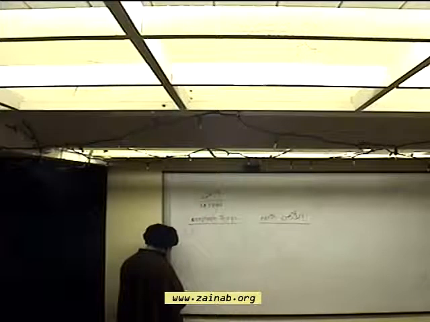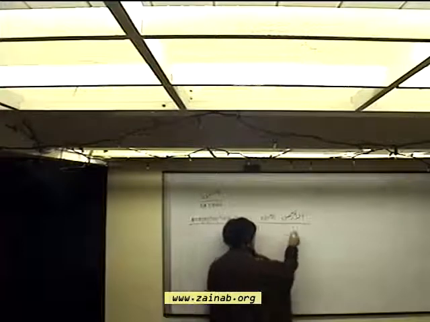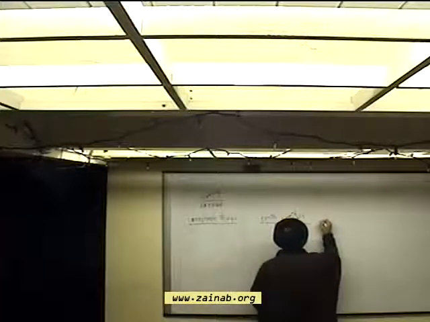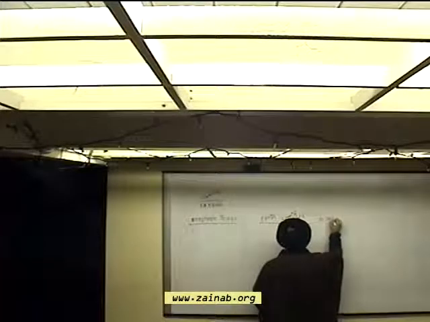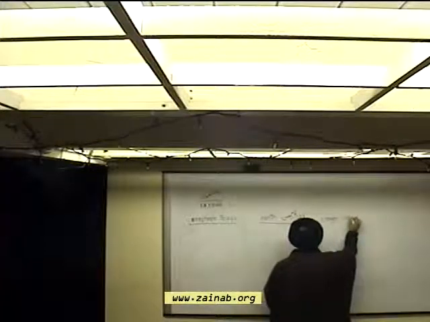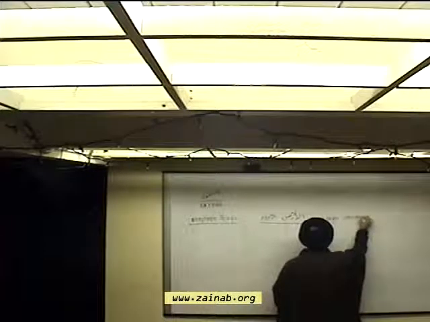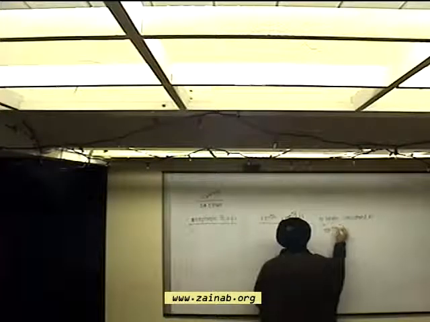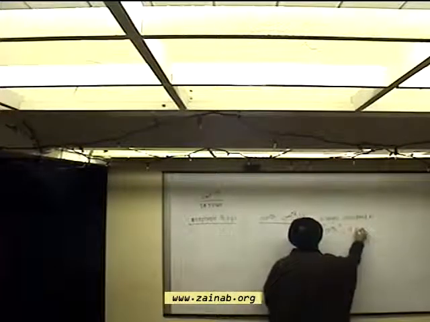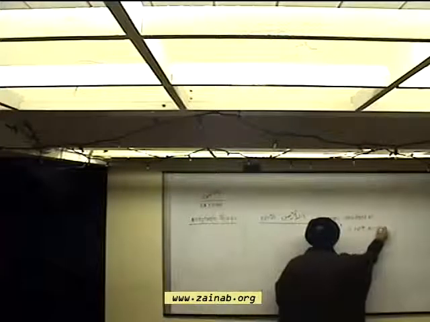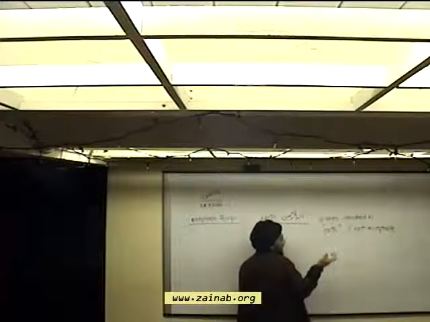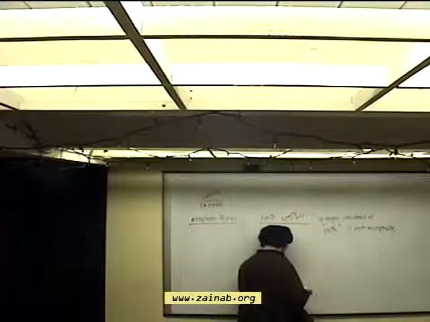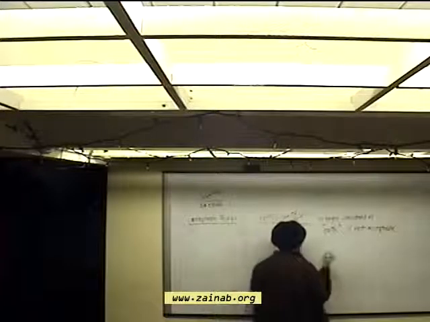So anything which is no longer considered as quote-unquote earth is not acceptable for sajda. Examples are things which were belonging to earth, but now they are no longer considered to be part of earth.